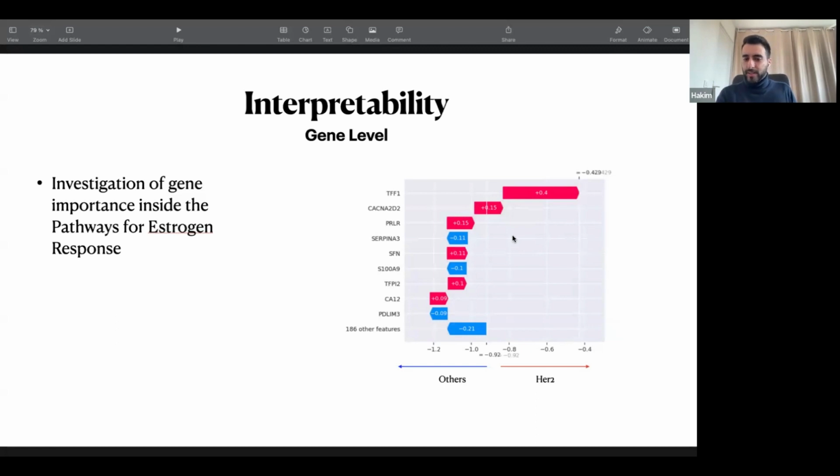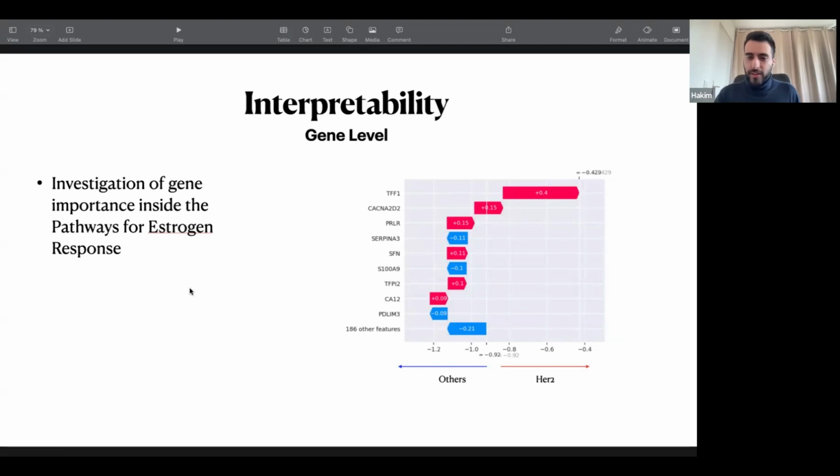So here, when it goes to the right, it means that the importance is tending toward HER2. Here, it means that a high expression of TFF1 is predictive for HER2 and not for the others, and the opposite for the blue in the opposite direction.